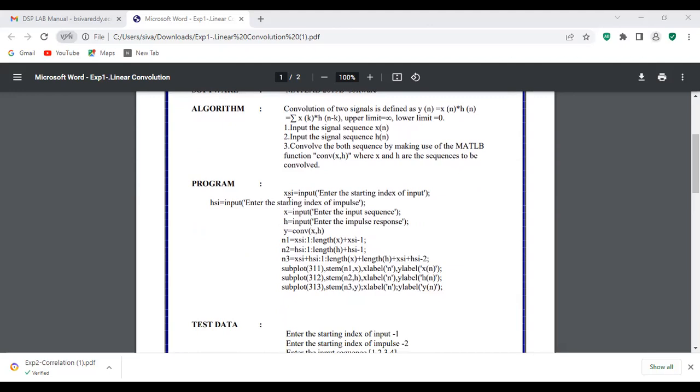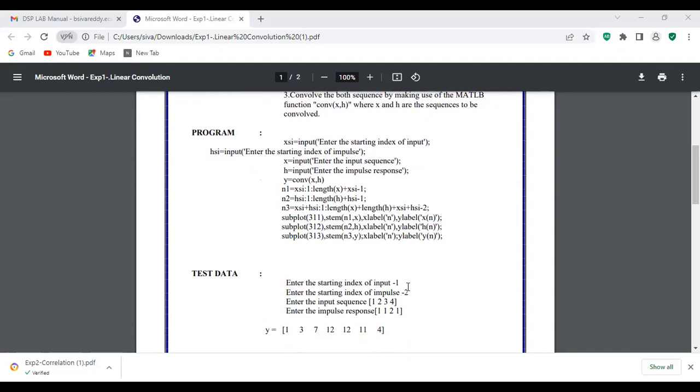Just observe here. First, we take the input signal, xsi, the starting index of the input. Starting index means, for example, -1, 0, 1, 2, 3 like this. Next, hsi, the starting index of the impulse response. Both are different here, -1 and -2.